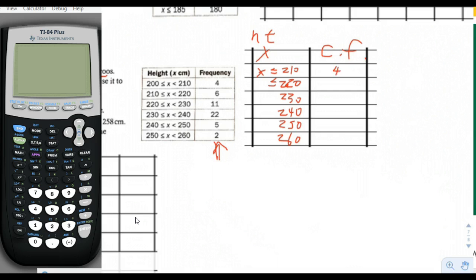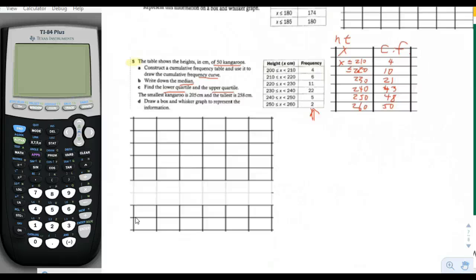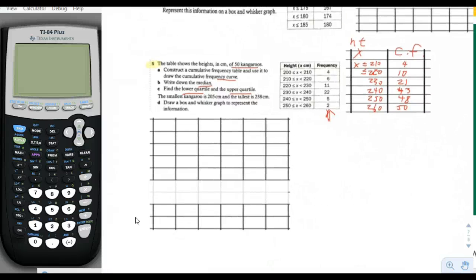The cumulative frequencies are 4, 10, 21, 43, 48, and 50. We are going to use those frequencies to graph here.